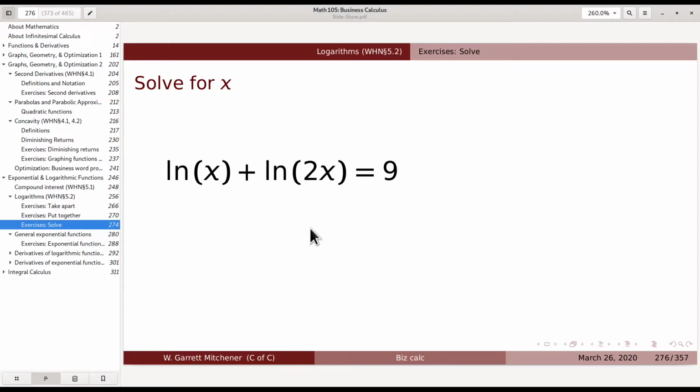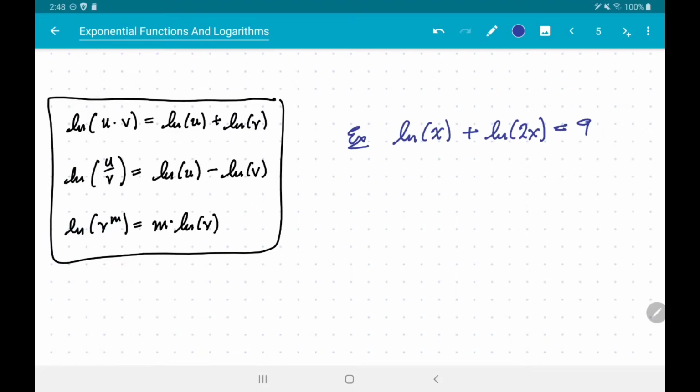So it's going to take a couple of steps to solve this equation. Okay, take a moment, try to solve this, and then I'll show you my solution. Okay, so here's the equation again. ln of x plus ln of 2x equals 9. There are several ways to solve this.